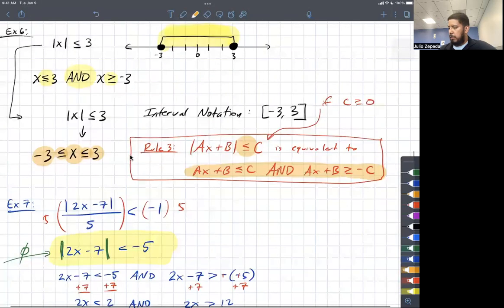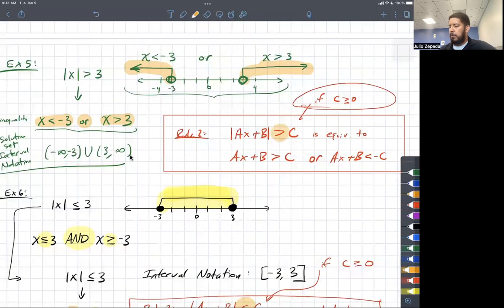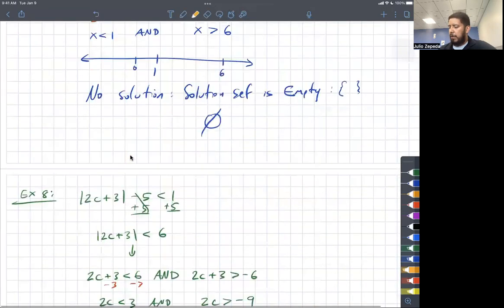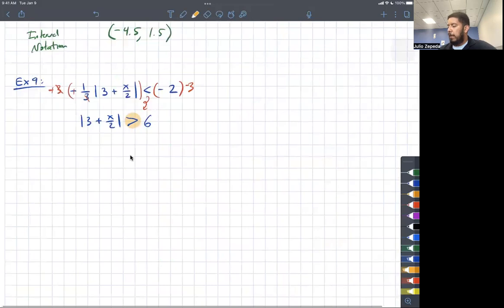That is rule number 2. If we want the absolute value of some expression to be greater than 6, then we need that expression, 3 plus x over 2, to be greater than 6.